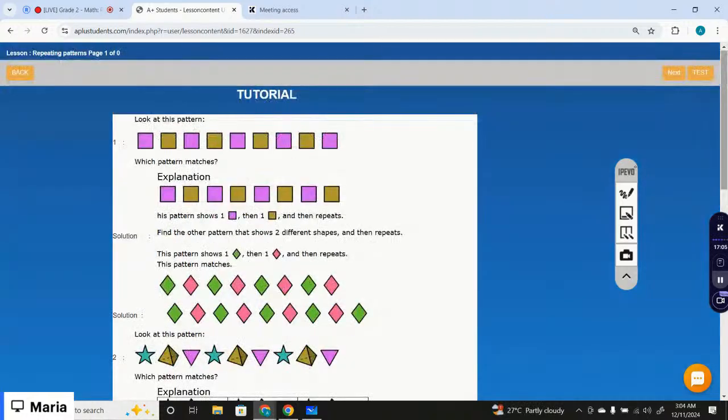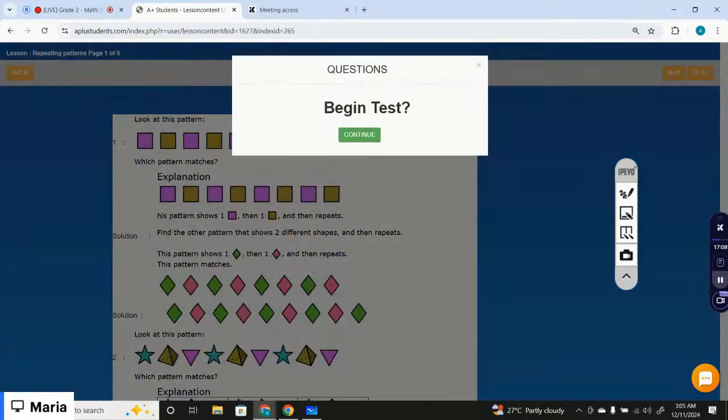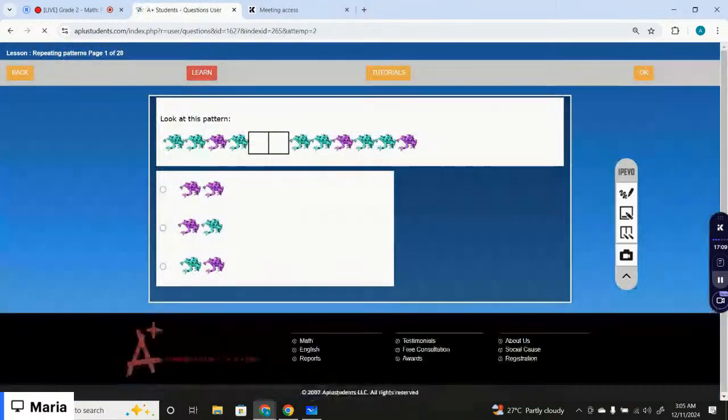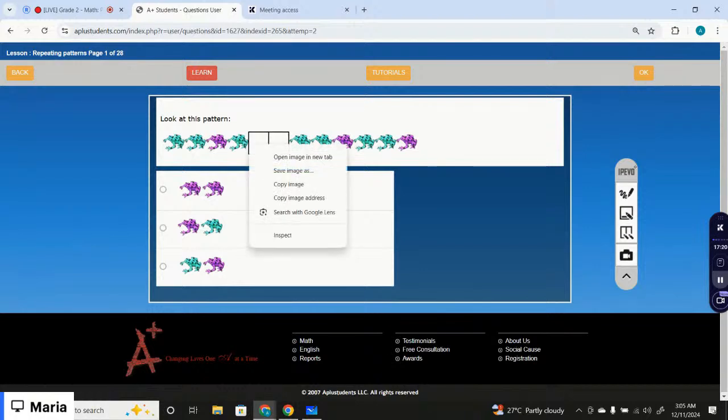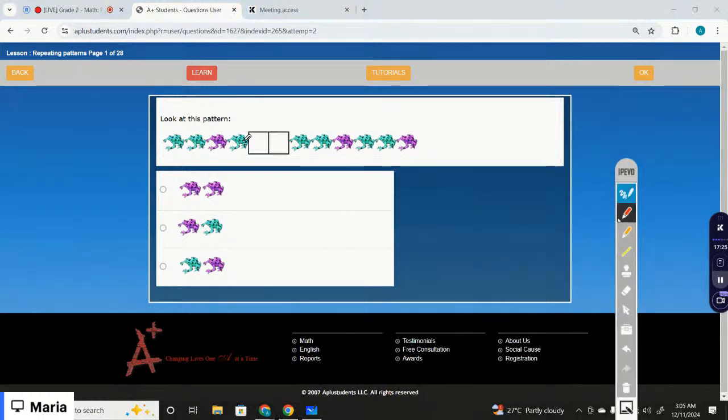Let's just start with the test questions. Here you are not given the options, so that is very difficult to explain. Okay, look at this pattern. So first you need to understand the pattern, then you have to find which one is here. You have two blue frogs and one purple. Then again two blue frogs and one purple. You have to find the missing one. You are given one blue frog.